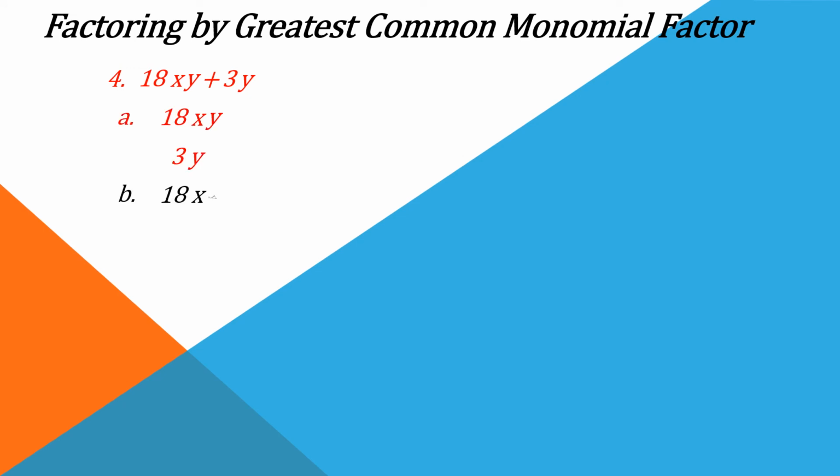And letter B, take the greatest common factor of the numerical coefficients. For 18, we have 1 multiplied by 18, 2 multiplied by 9, and 3 multiplied by 6. These are the possible factors of 18.